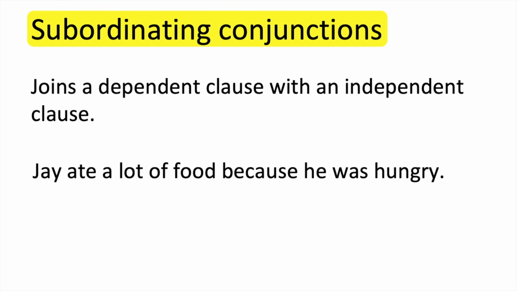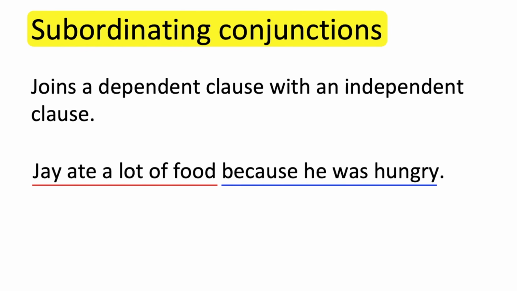Jay ate a lot of food because he was hungry. Here, the independent clause is Jay ate a lot of food. This makes sense on its own. The dependent clause is because he was hungry. Here, the dependent clause provides more information about the independent clause.